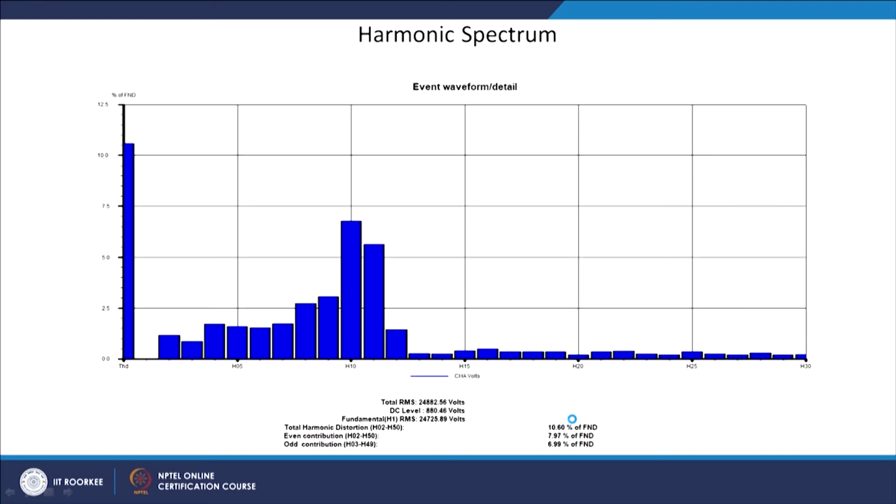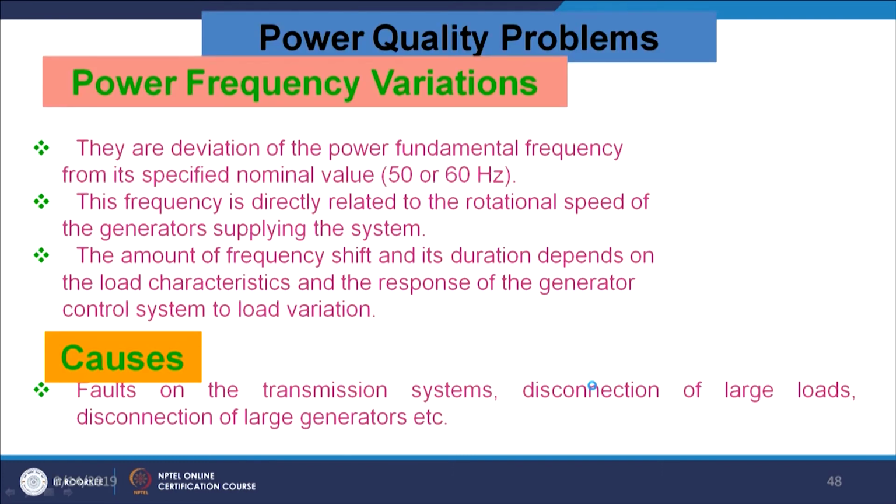This is a harmonic spectrum; you can see the fundamental and the others plotted like this. This comes when you do the FFT of your current sample or voltage sample having harmonics.